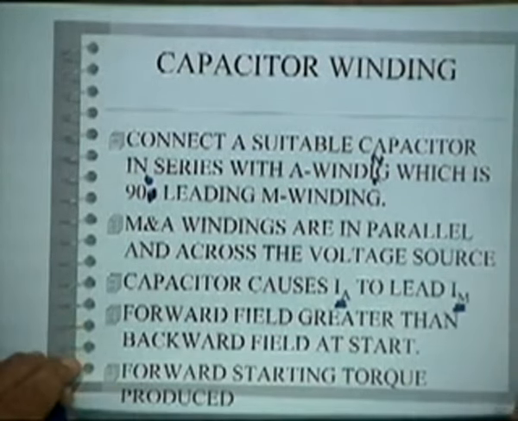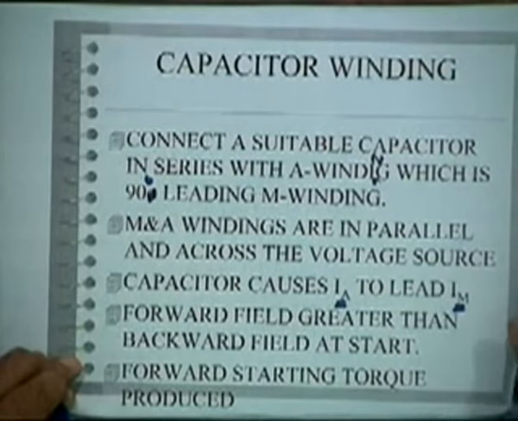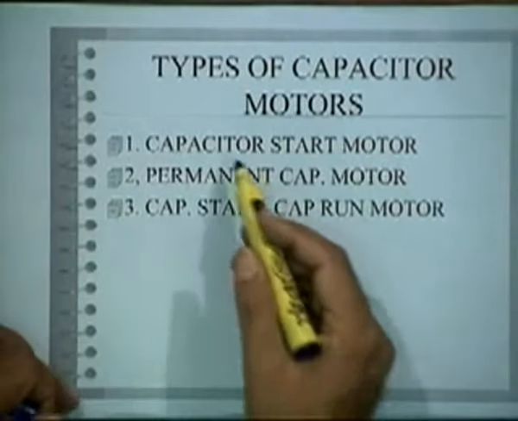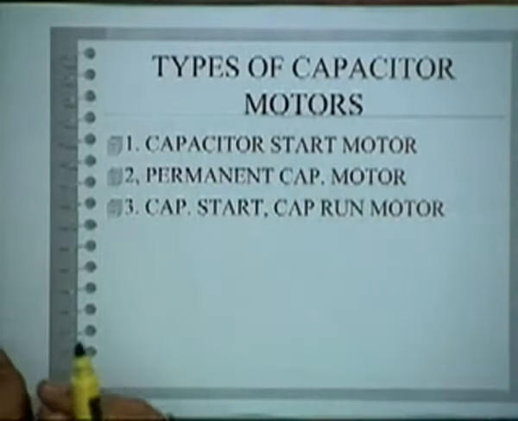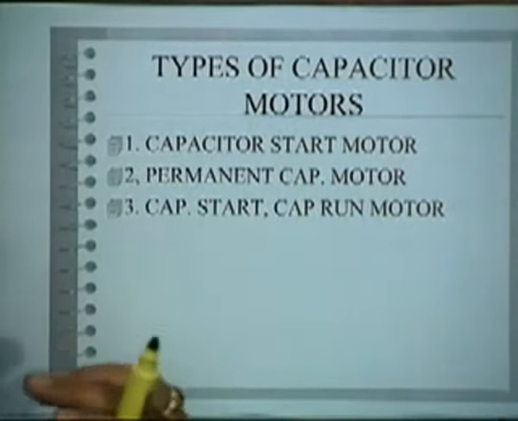Okay, this is again the same principle. Now there are also three types of capacitor motors. One is where you use the capacitor only for start purposes. You don't need a capacitor at run.